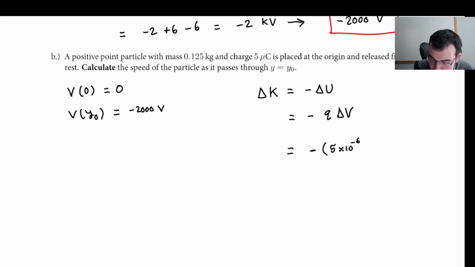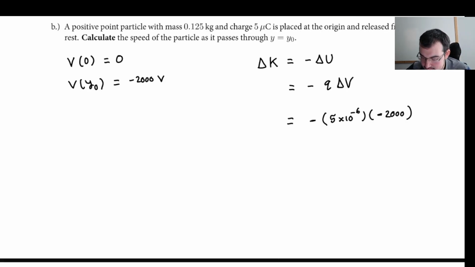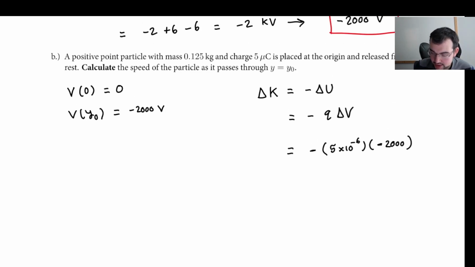So micro is 10 to the minus 6. And delta V, well, I started at 0 and I went down to 2,000 volts. So 2,000, and that's going to be negative, which makes sense because I get a negative and another negative. So my change in kinetic energy is actually going to be positive 0.01 joules.